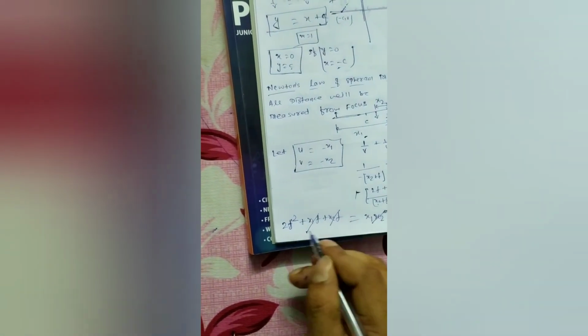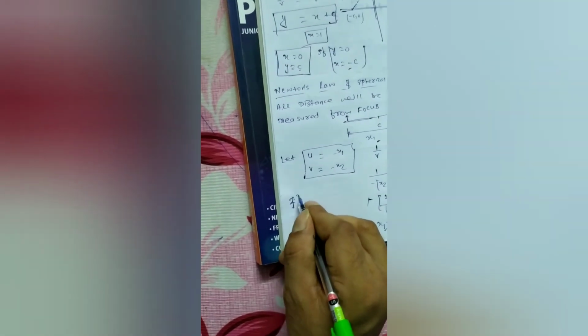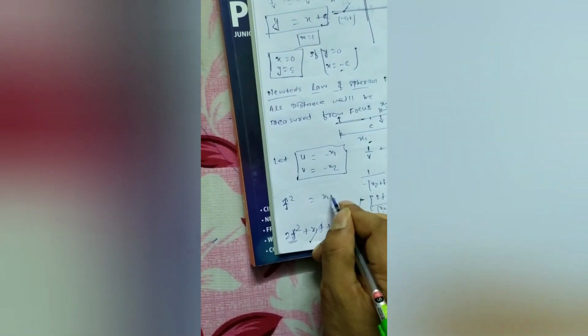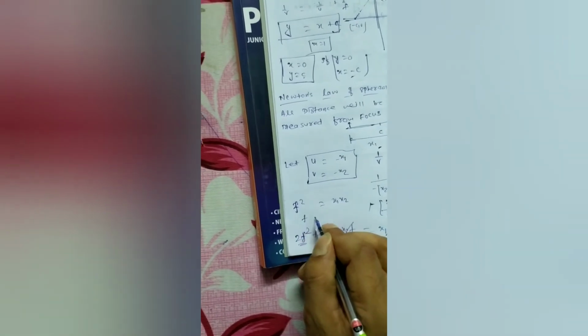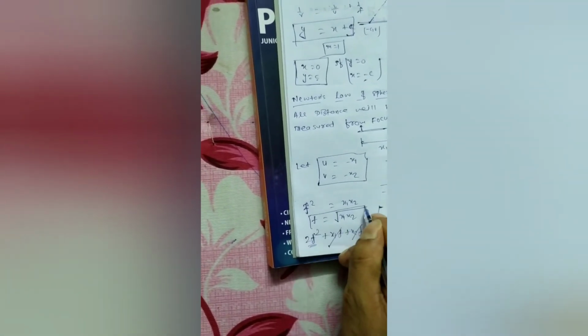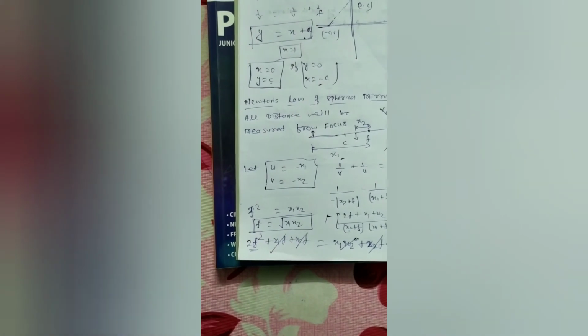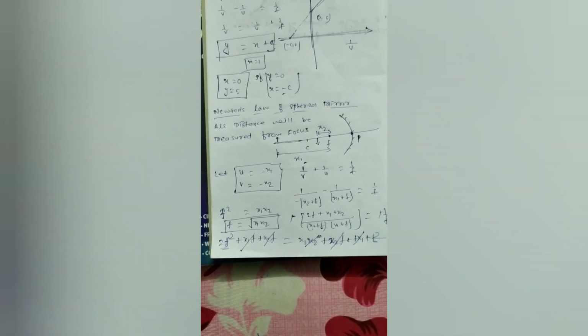So this f square and this 2f square come to this side: f square is equal to x1 into x2. So f is equal to under root x1 into x2, where x1 and x2 are the object and image distances from the focus of the mirror, right?